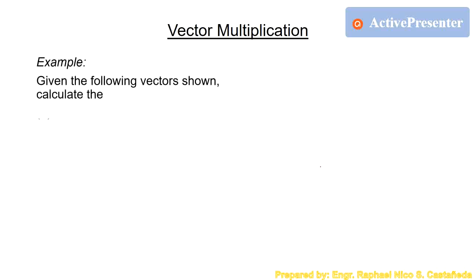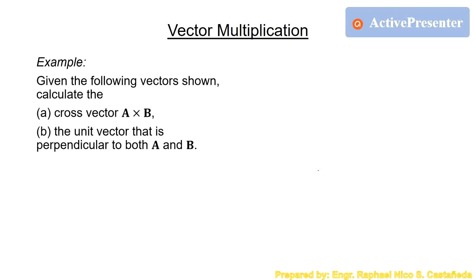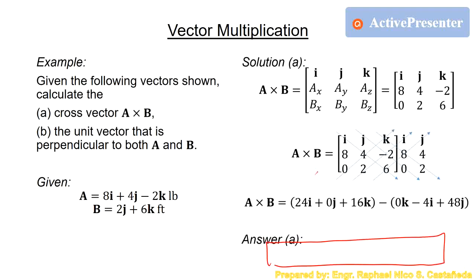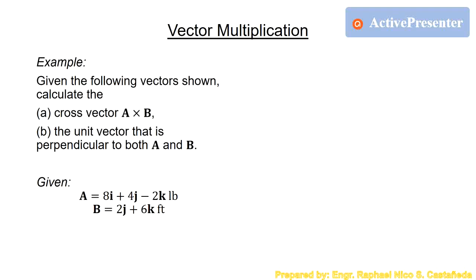So next one is the unit vector that is perpendicular to both A and B. To do that, we apply the concept of the cross product.